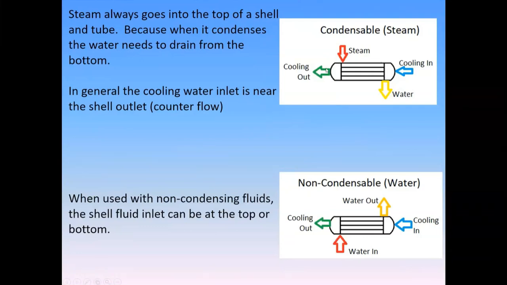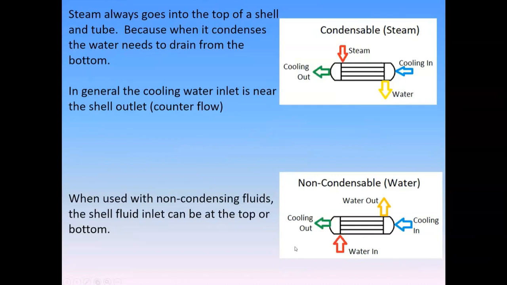A couple things when we talk about just the layout for these. We have a couple different ways that flow can move through a shell and tube heat exchanger. So I've only shown this really as one pass. We have either a flow through the tube side from one end to the other, and on the shell side, we've got a flow that moves through.